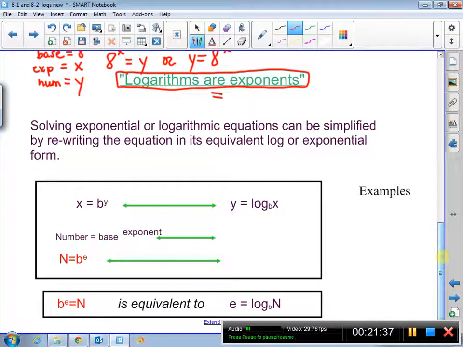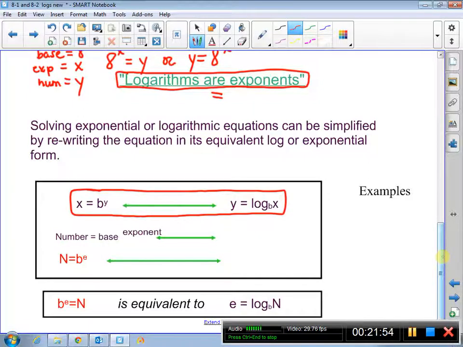Okay. So solving exponential or logarithmic equations can be simplified by rewriting the equation in its equivalent log or exponential form. You want to be able to go back and forth, and we actually just tested that. So we know that any number equals a base to an exponent. That can be switched around to the exponent equals the log of a base of the number.